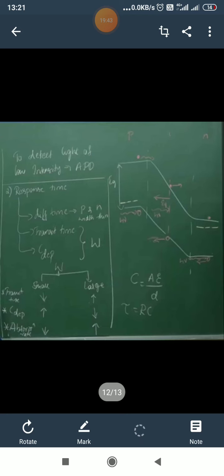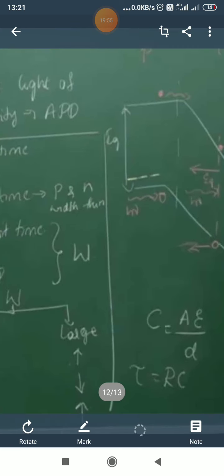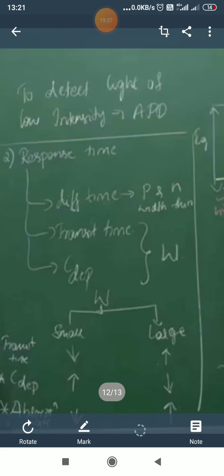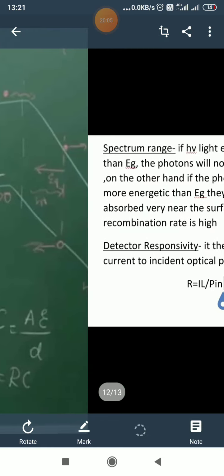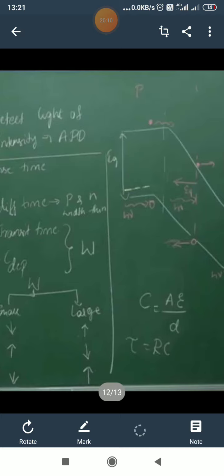In order to have the response time as low as possible, the P and N widths should be very small. The first parameter is diffusion time. How can I reduce my diffusion time in order to reduce my response time? That can be done by making the P and N regions as thin as possible. So that is the first condition.